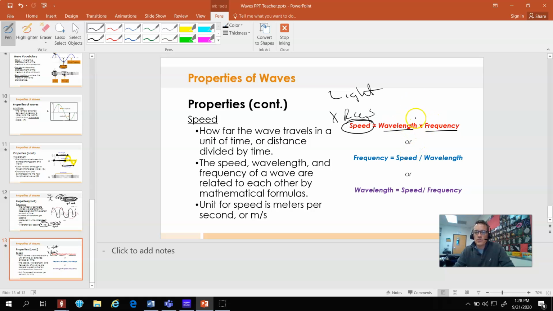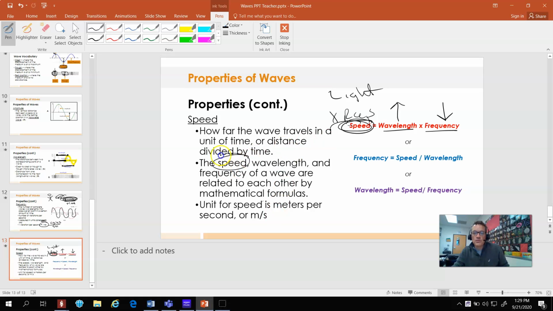And so as I was just saying, if we make the waves farther and farther apart, or if we space cars farther and farther apart, what we're going to expect is that they don't come by quite as frequently as they ordinarily would have. They come by a lot less frequently. So if the wavelength goes up, the frequency goes down, as long as the speed stays the same.